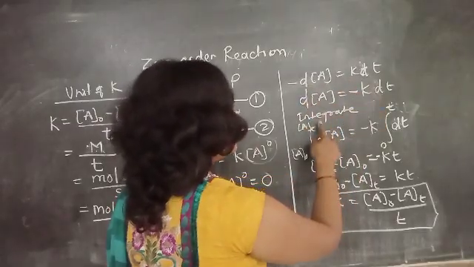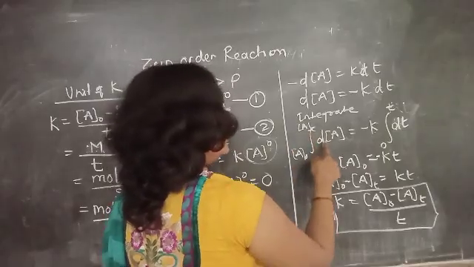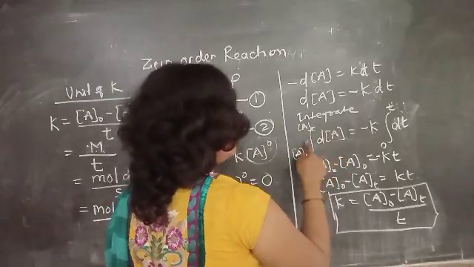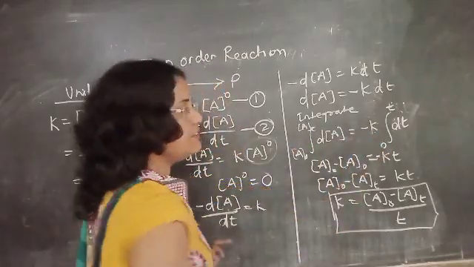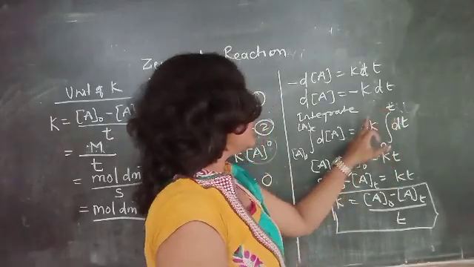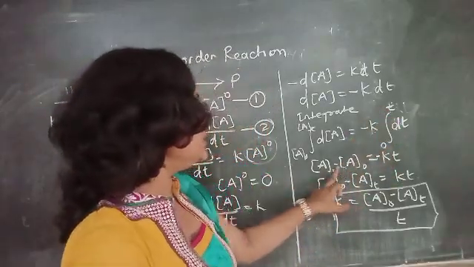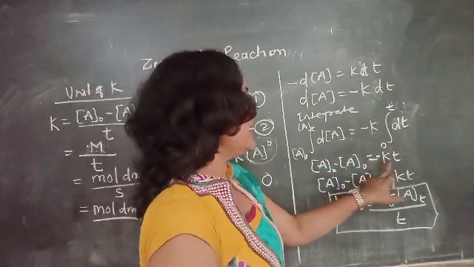Integrate this equation from 0 to time t. The integration of dA from A0 to At is equal to, k is the constant, hence it will not get integrated, so time will be integrated from 0 to t. After integration we get At, means higher minus lower, is equal to minus kt.